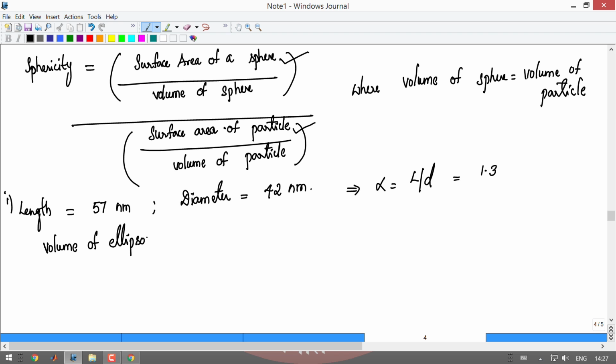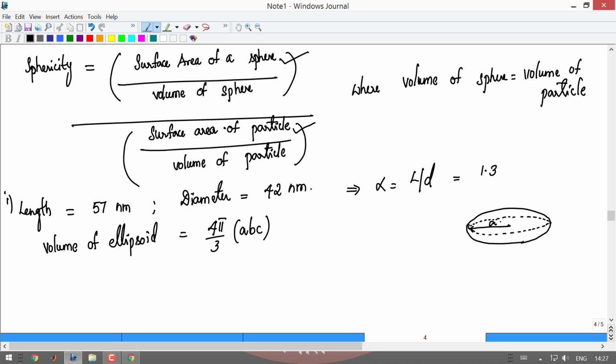So, the volume of ellipsoid is given by 4 pi by 3 times A, B, C, where A, B and C are the dimensions. Let us say that this is an ellipsoid and this is the major axis.